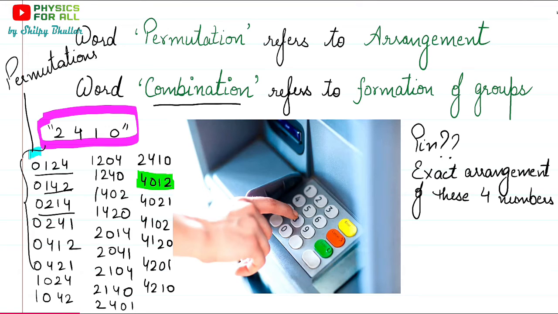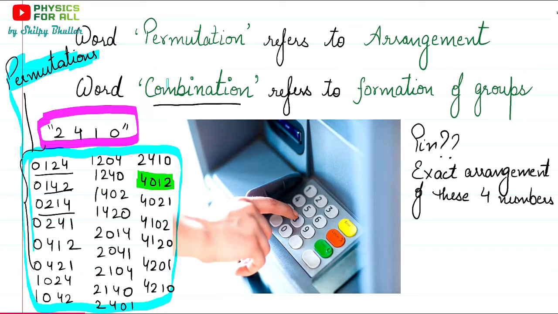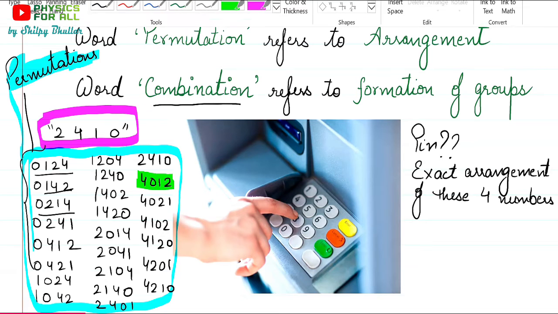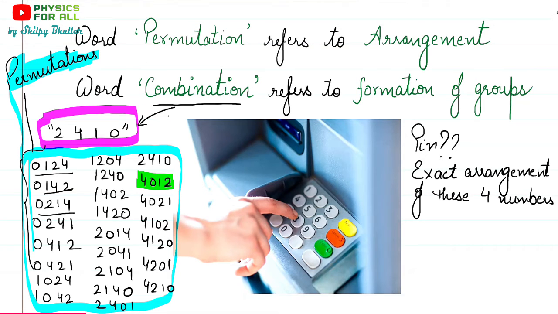So all this section belongs to the permutation portion. So this is basically the permutation side, okay, and that is the combination side. This is combination, and all these are permutation.